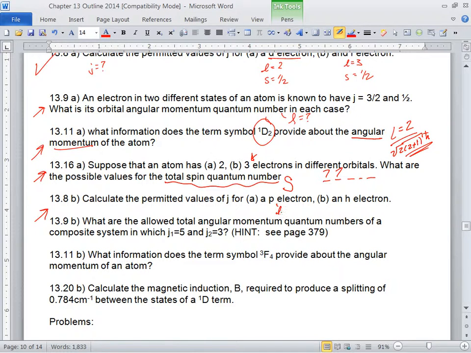Little l, I'm just putting ones on there because it's nice to be consistent. If it's a p electron, little l has to be what, Gloriana? Has to be 1. Then everybody, little s has to be? 0? It's a p electron though. If it was an s orbital, l would be 0, but s has to be a half for an electron. Couple those, and you get the permitted j values. H electron, do this exact same thing.